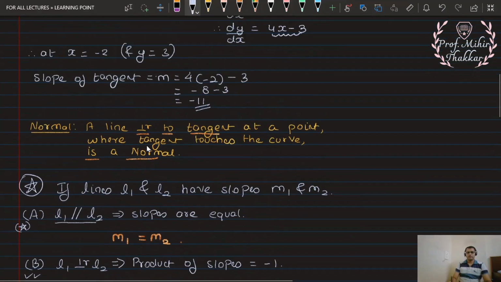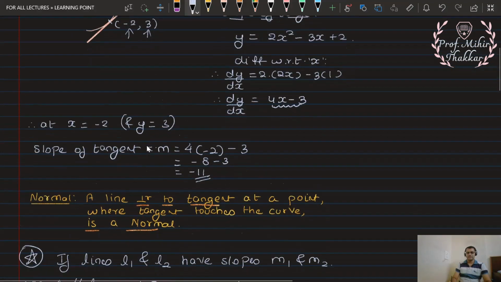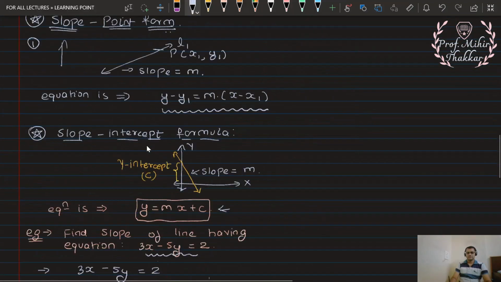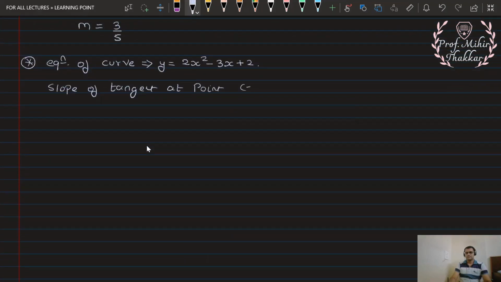The given point was minus 2 comma 3, and the slope of the tangent was minus 11. Let us represent m is equal to minus 11.